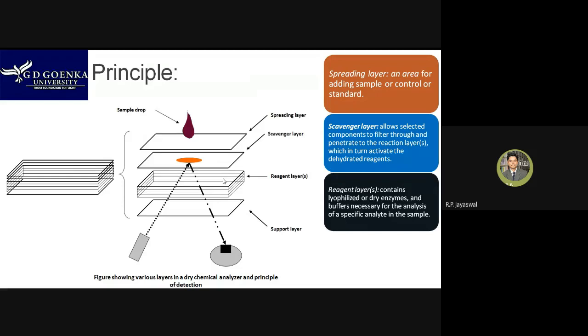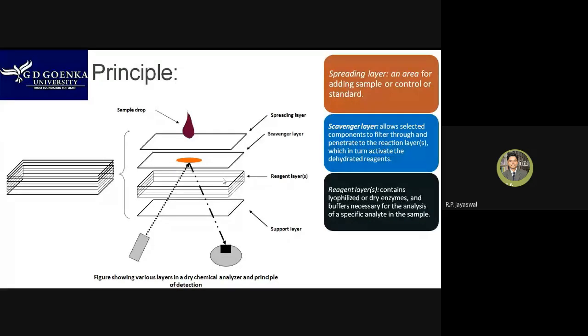So this is what we manually do in the lab. Here, all the chemical components of the reagents are taken in the reagent layer. So the reagent layer contains lyophilized or dry enzymes.